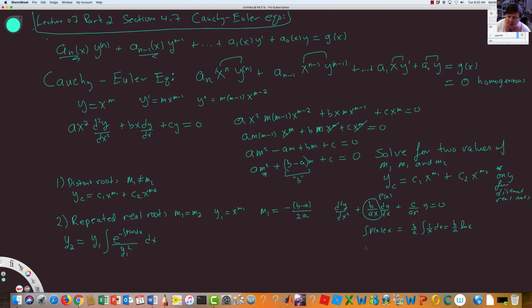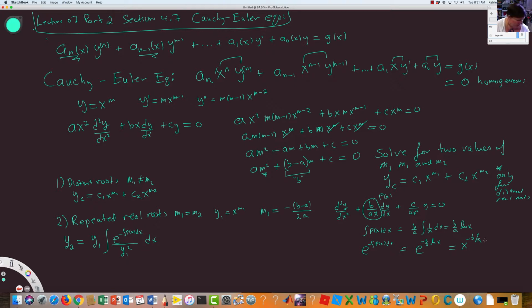And then if I take e to the minus integral p of x dx, what do I get? I get e to the minus b over a ln of x, and I can pull this up onto the exponent of x, so that I get just x to the minus b over a.